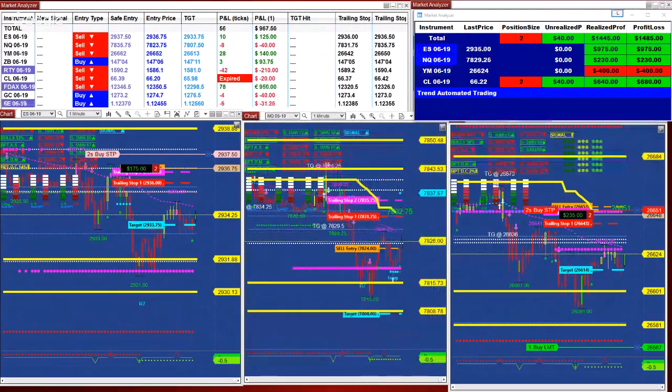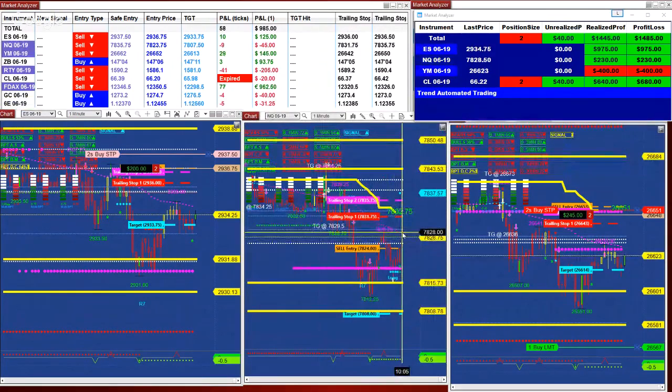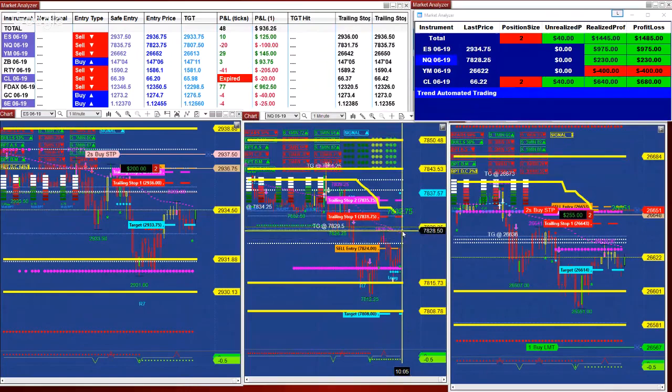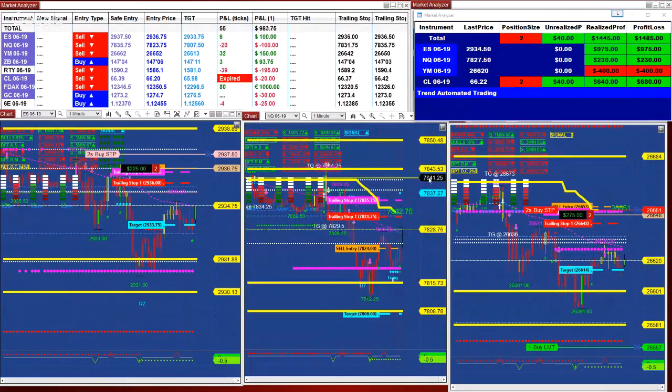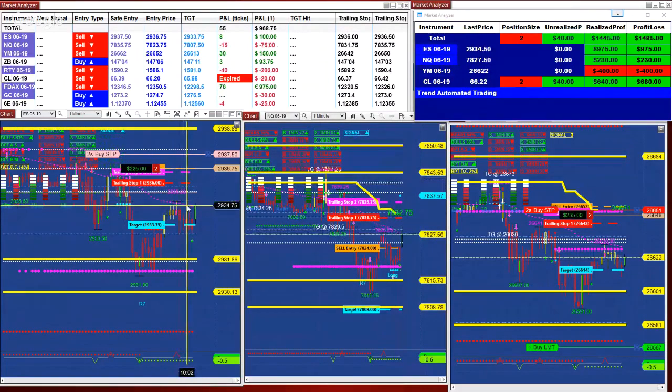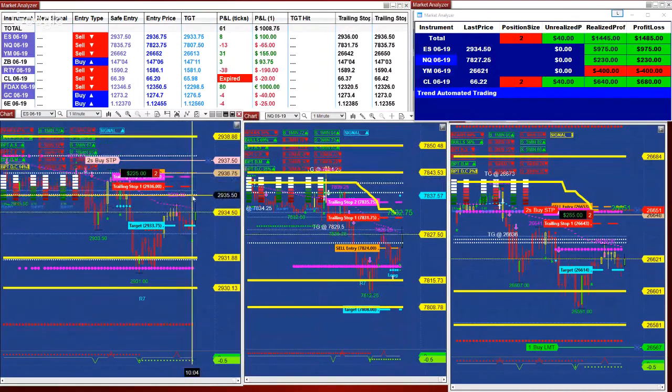On the NASDAQ, it's just a pullback. Let's see what the ES is doing.